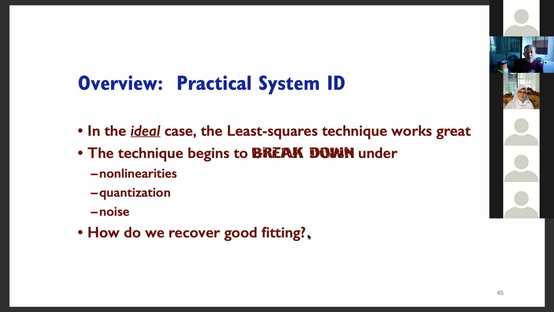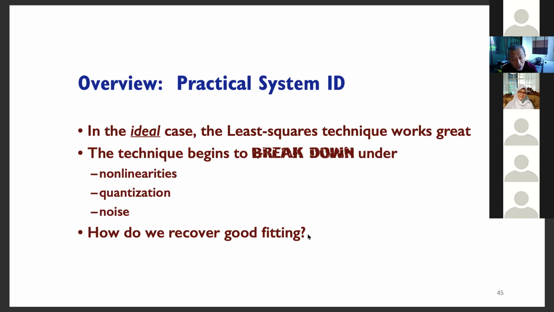So least square, although it is popularly used, this method also has a drawback or disadvantage when there are non-linearities, when there is a quantization problem, and when the noise is high, which produces a low signal to noise ratio.